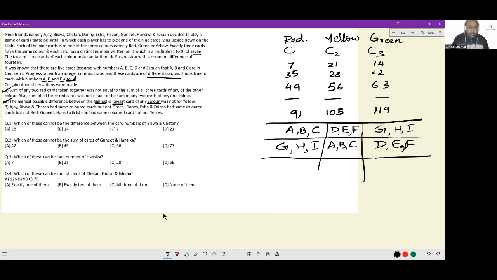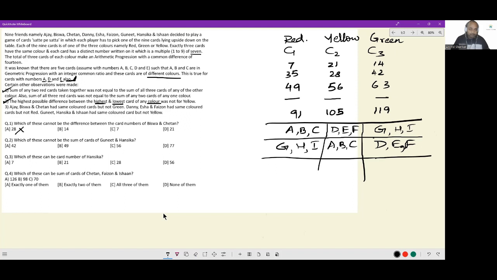Let's get to individual questions. Which of these cannot be the difference between the card numbers of Biswa and Chetan? Can I have a difference of 28 for Biswa and Chetan? For the second case, if they have 56 and 21, they can have a difference of 28.